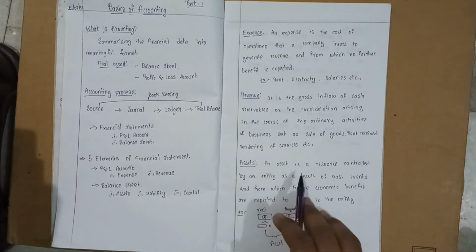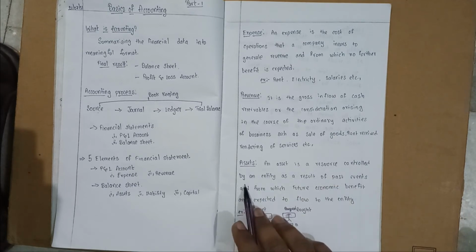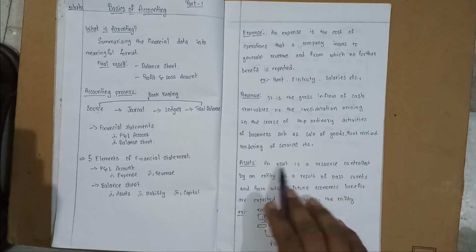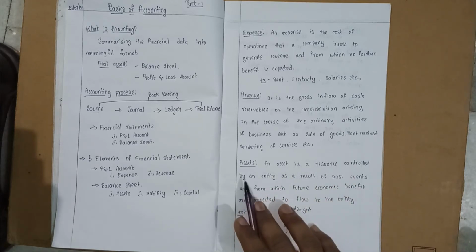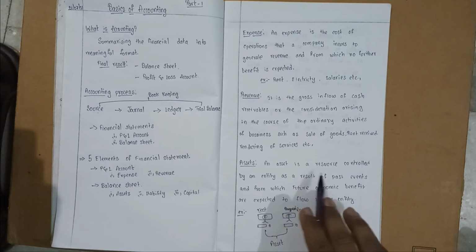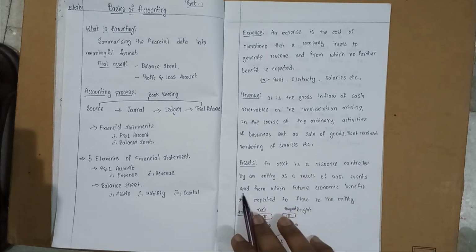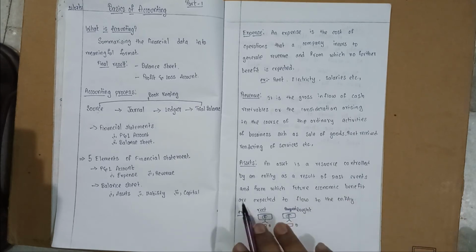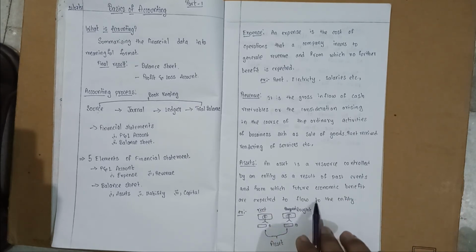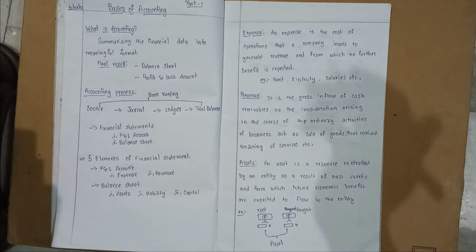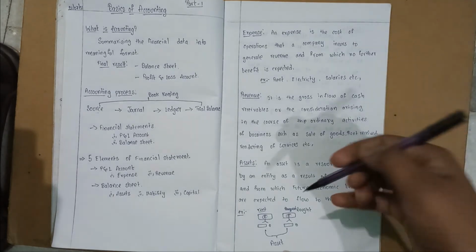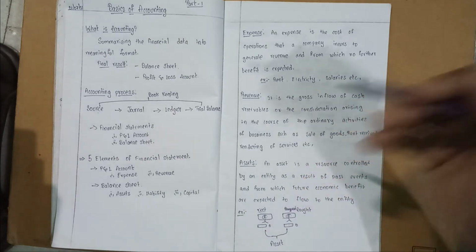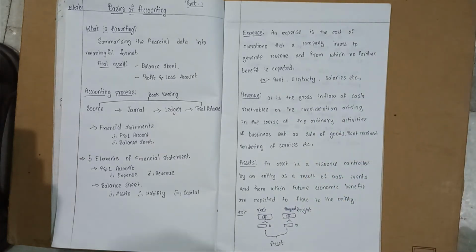Assets. An asset is a resource controlled by an entity as a result of past events and from which future economic benefits are expected to flow to the entity. Here I want to explain with an example. A company buys a system and takes a system on rent.